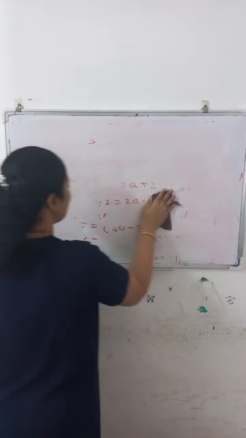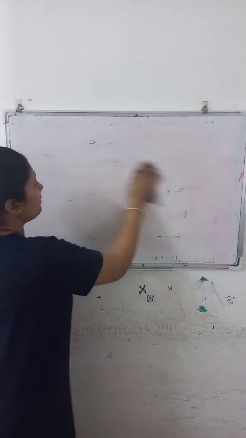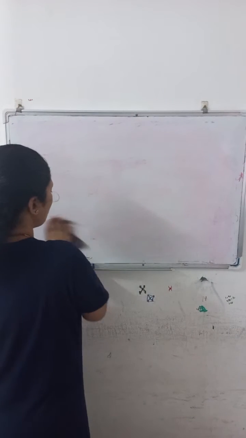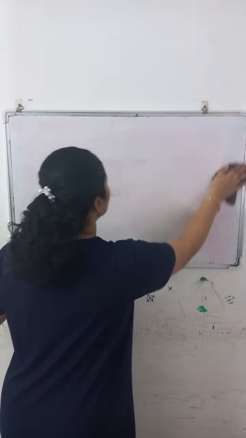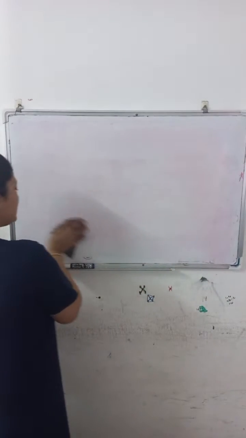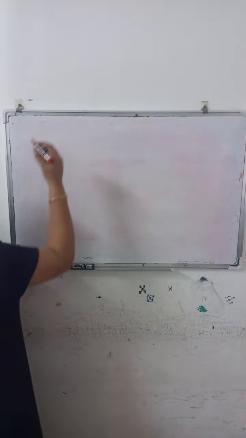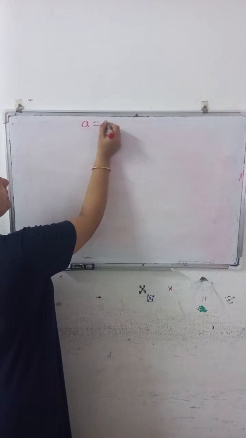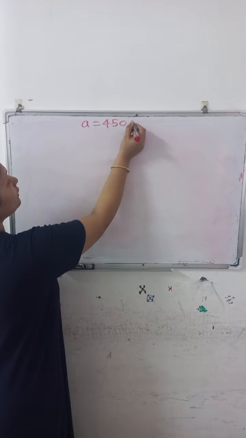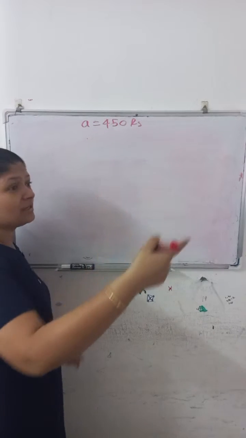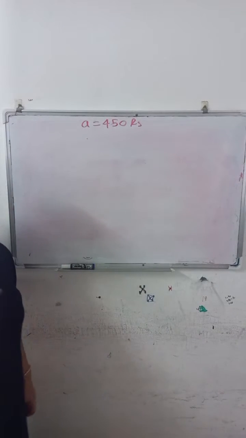That means here they gave the common difference, that is 20. Because initially 450, then again she saved, that is 470, then next month 490, like that she is saving her money. So here a is 450 rupees, and the common difference, she is increasing her savings by 20 rupees.